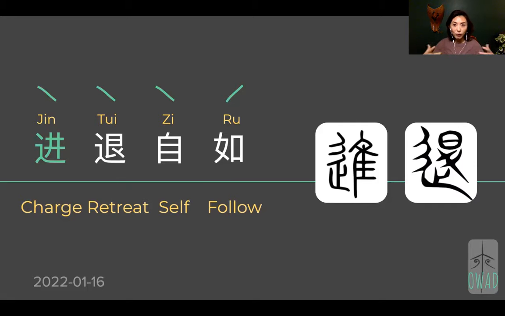You're going to move forward, which is 进, and move backward, which is 退. And the 自如 means you already have reached a certain kind of freedom, like you know when to move forward, when to go backward. That's called 自如.